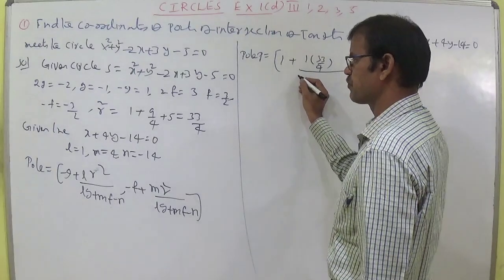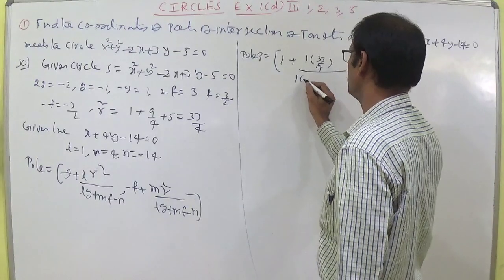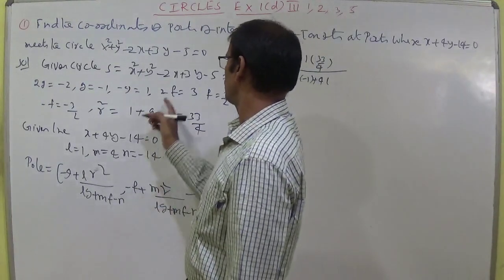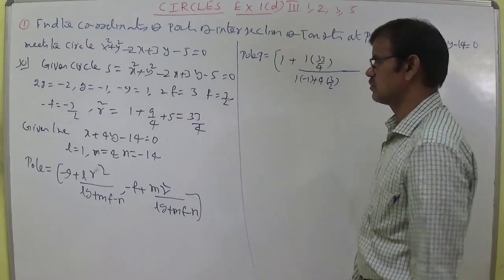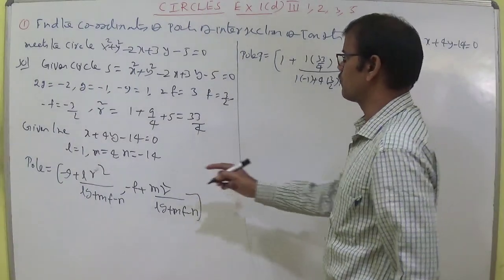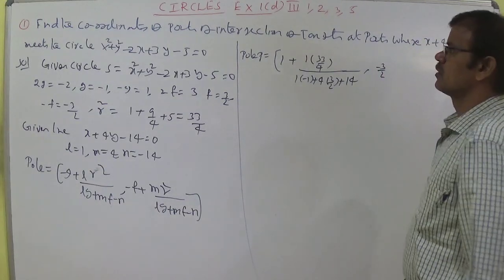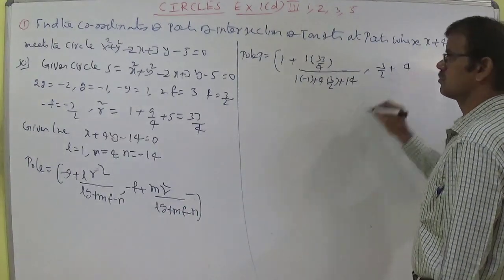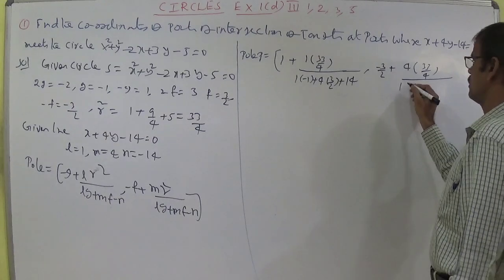L means 1 into g, the g value minus 1, plus M is 4 into f value 3 by 2, minus N, which is plus 14, comma minus f, here minus f is minus 3 by 2, plus M r square, M is 4, r square means 33 by 4, whole by L into g.